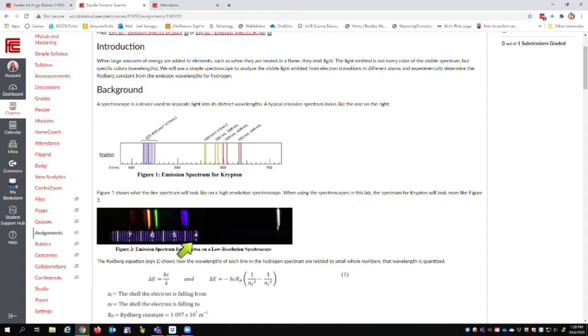What we would actually see in these spectroscopes, and the reason we're using them is because they're inexpensive and we can have enough that each student gets their own and gets to look through it themselves. So this purple here is a combination of all of those lines. It's just not resolved because they're so close together.